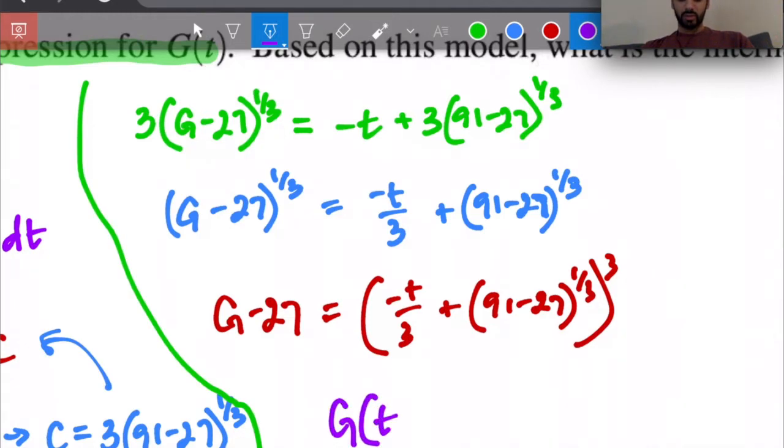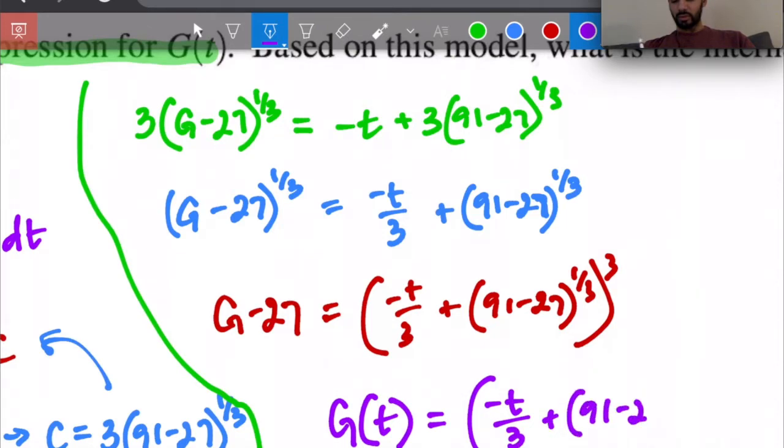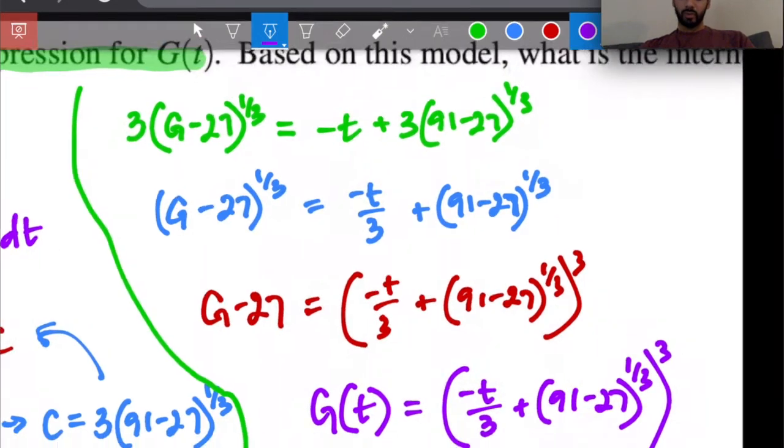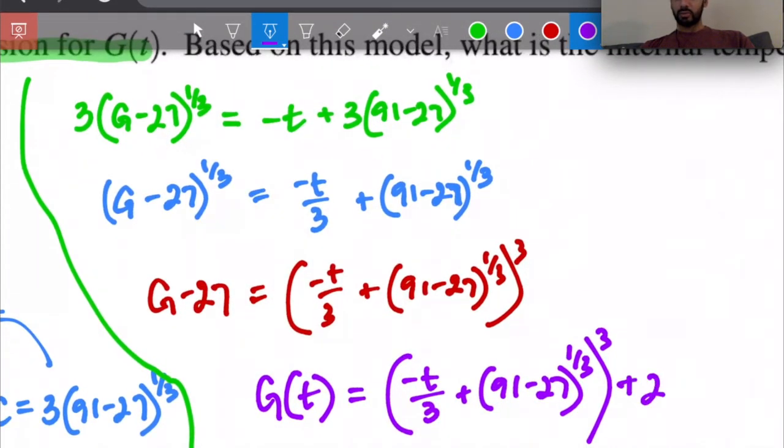So g of t is equal to negative t over 3 plus 91 minus 27 to the 1/3 all to the power of 3 plus 27 out here.